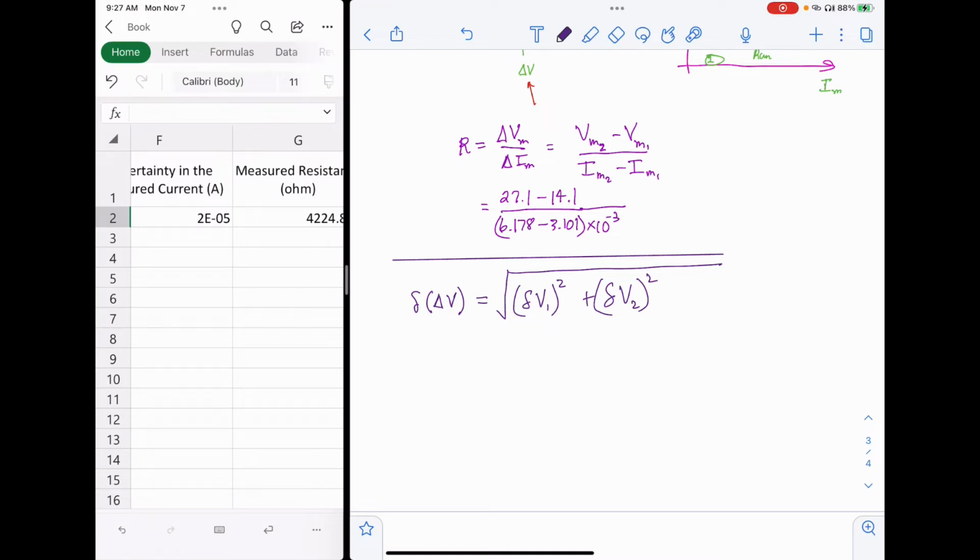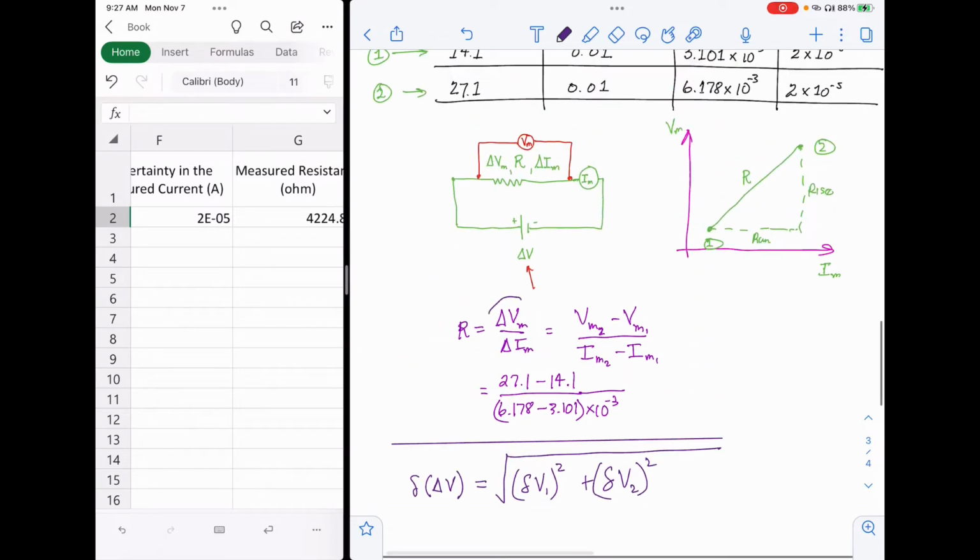So these are two independent measures. So why is this valid? Well, we have two independent measures in this particular case for the top. Okay. So we have to find the uncertainty in this first. We have to find our delta V sub m. And we also have two independent measures for this bottom one.